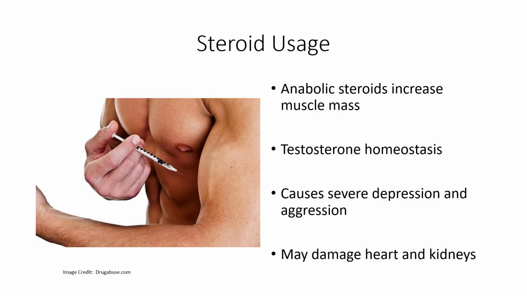We'll discuss testosterone homeostasis in a later lecture, but adding exogenous, external, steroids, and that means external testosterone, will disrupt this homeostasis. And it can lead to severe depression and can lead to aggression because testosterone is a mood-changing steroid. Yes, testosterone is a steroid and it's produced in your body. But adding extra can change your body and your mind. It also can damage your heart and kidneys.